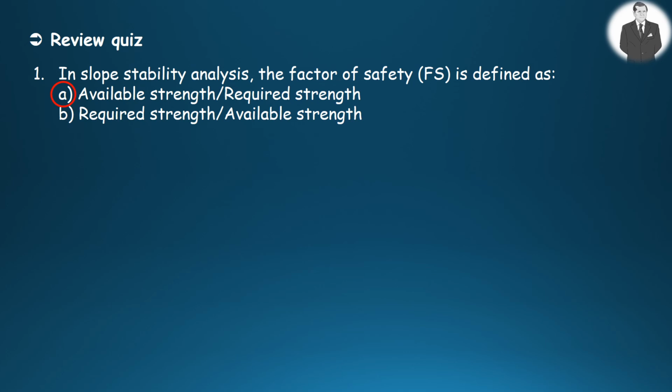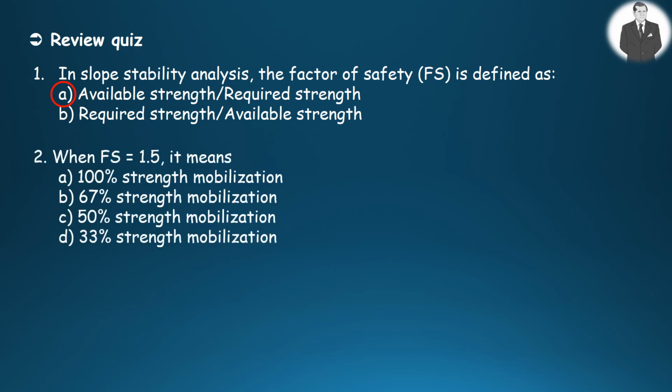Jolly good. The second question: when the factor of safety is equal to 1.5, it means which one? No, it is not. The answer is B. 67% strength mobilization.